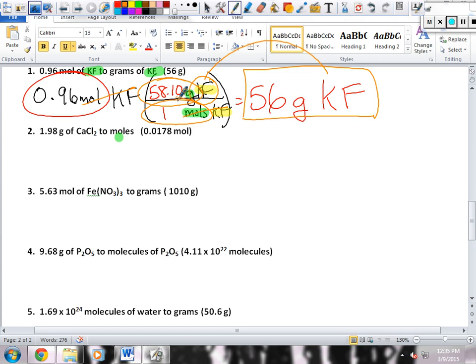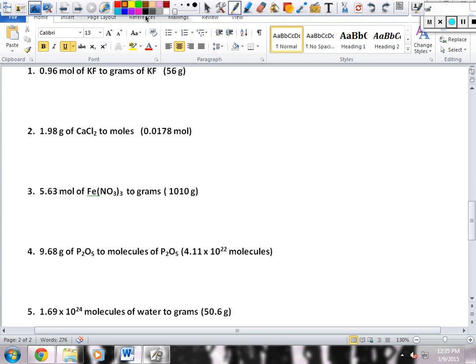You figure out how much 1 mole would weigh. Exactly. So we have grams of Ca. Do it by finding molar mass.